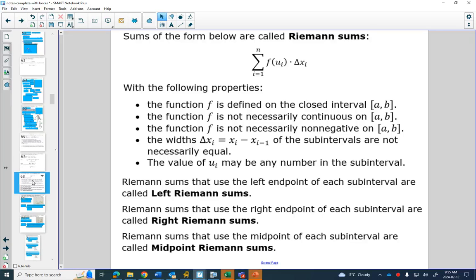And if you make an infinite amount of rectangles, that's an infinite amount of figuring things out, which we don't want to do. So Riemann said, well, since any value works, why don't you just do one with the left side? And why don't you just do one with the right side? And we get a left Riemann sum and a right Riemann sum. You could even use midpoints. And there's the midpoint Riemann sum.